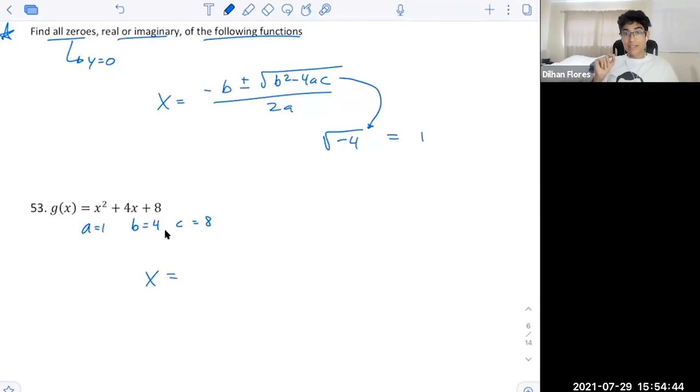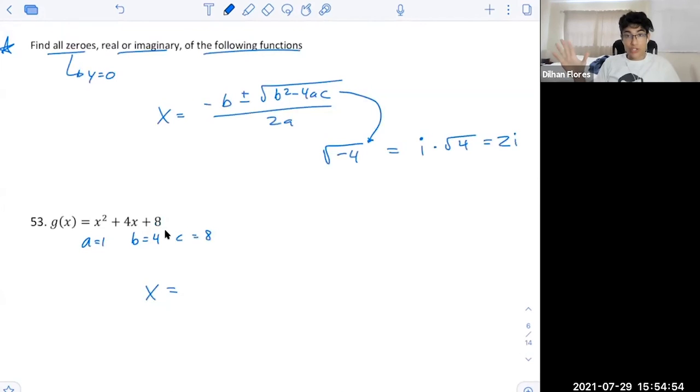So it's going to be i times the square root of 4, and the square root of 4 is just going to be 2. So 2i. That's the imaginary. That's what they mean by complex or imaginary. It's just the letter i. Don't let it intimidate you. That is literally it. If you have a negative under a square root, pull out an i.